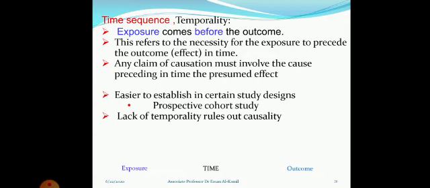Any claim of causation must involve the cause preceding the presumed effect in time. It is easier to establish in certain studies, such as a prospective cohort study, which starts with individuals who have no exposure, and then follows them up for a period of time after exposure to see if they develop the disease or not.